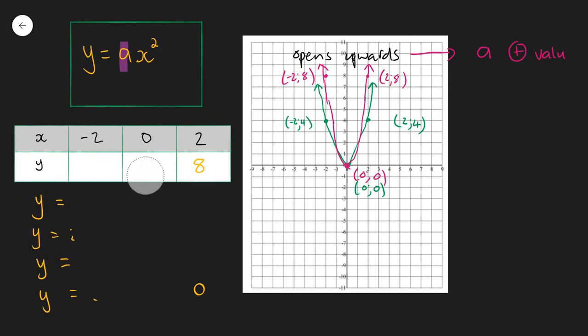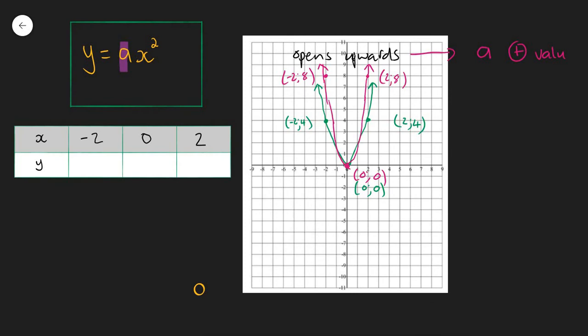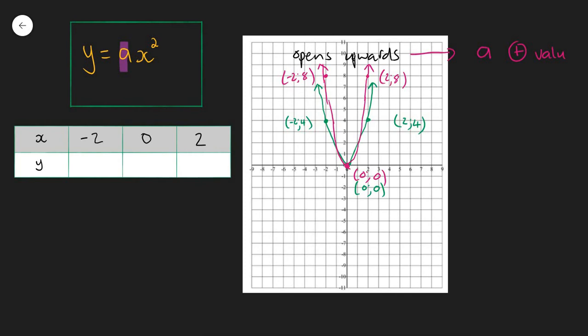Let's erase this and look at one more where we change the value of a to a smaller number, let's say a half. Let's say it's a half x squared. Half of -2 squared: 2 squared is 4, half of that is 2.